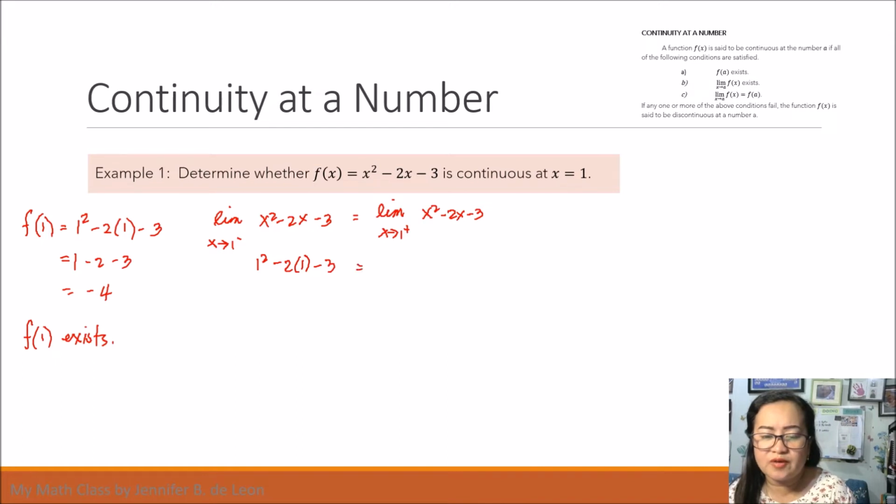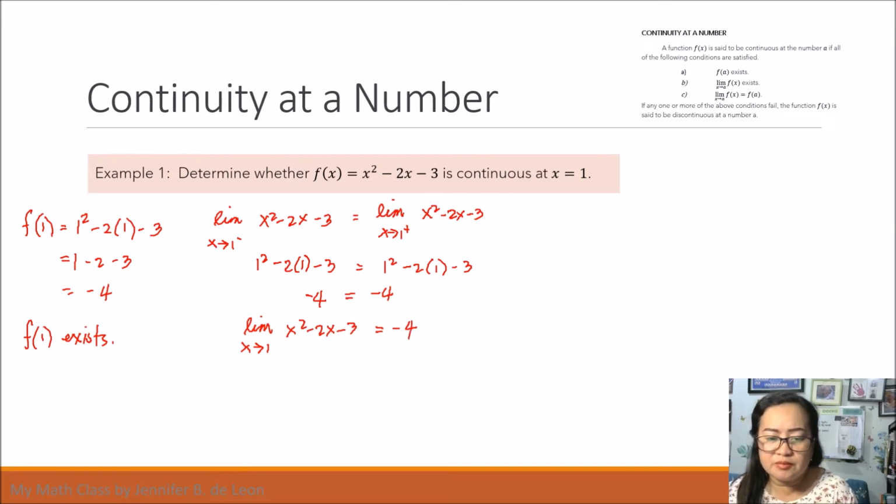We can see that they are both equal to negative 4. So hence we can say that the limit of x squared minus 2x minus 3 as x approaches 1 is equal to negative 4.